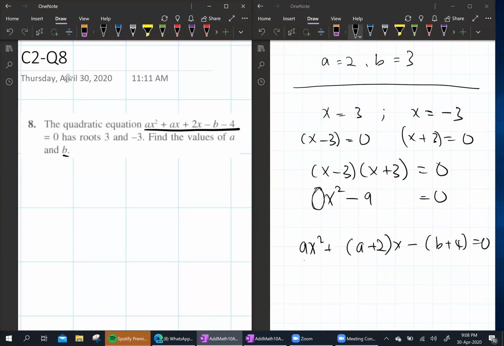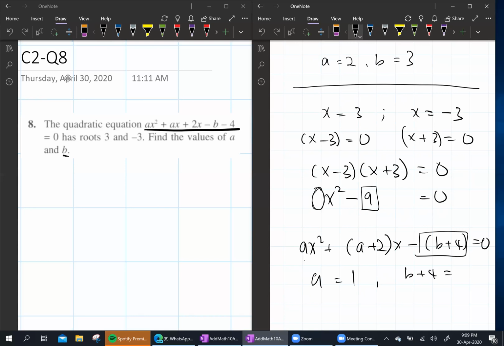A is 1, then B is 0. Why B is 0? Because there is nothing with bx in the middle of them. B plus 4 equals to 9, isn't it? Then that means it is 5, right?